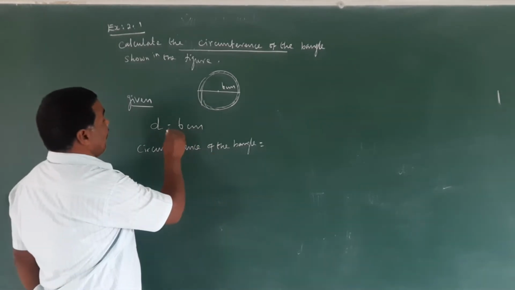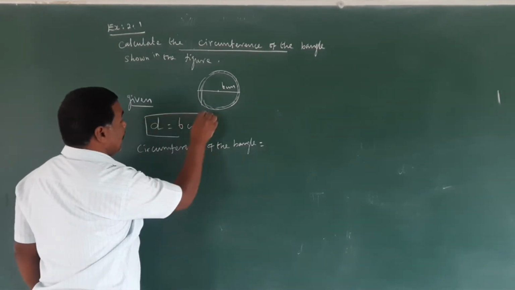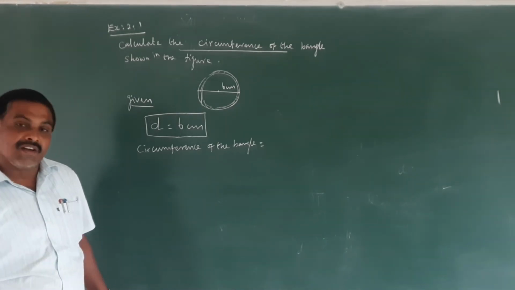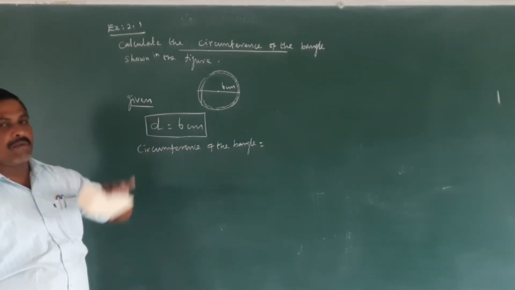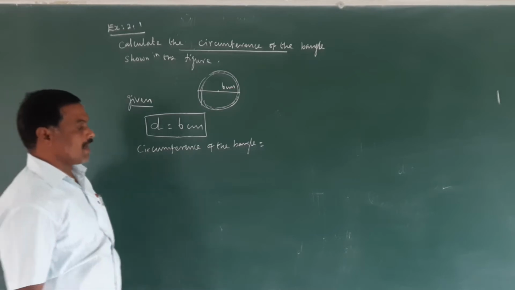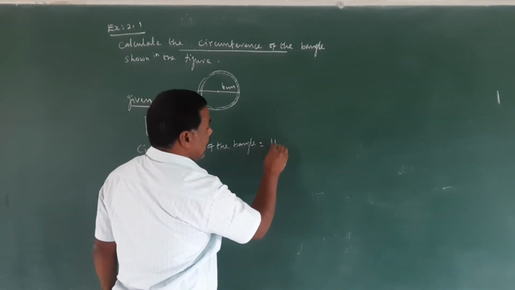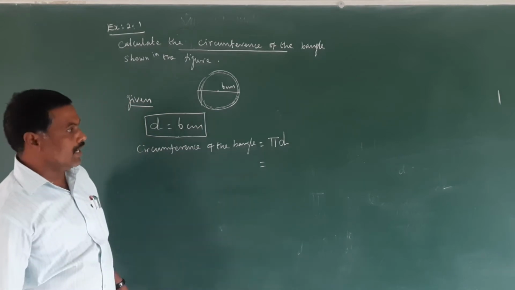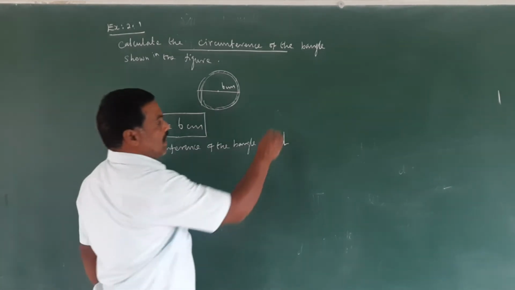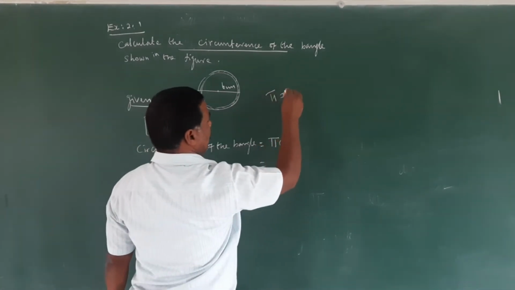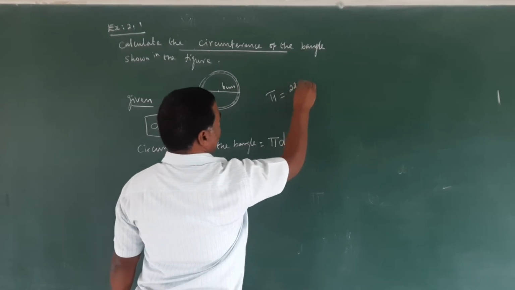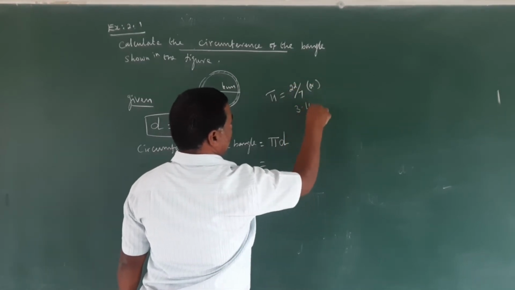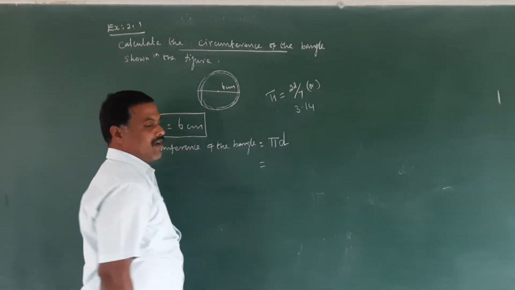Since the diameter is given, you can turn the diameter into radius, and that is also correct. Otherwise the direct formula is also correct. The circumference of the bangle is equal to pi d. You already know the pi value: 22 divided by 7 or 3.14.